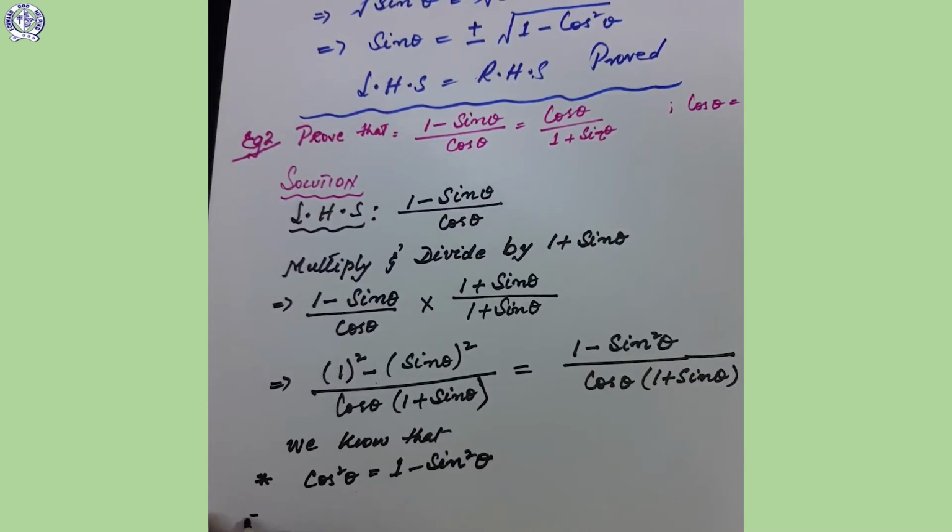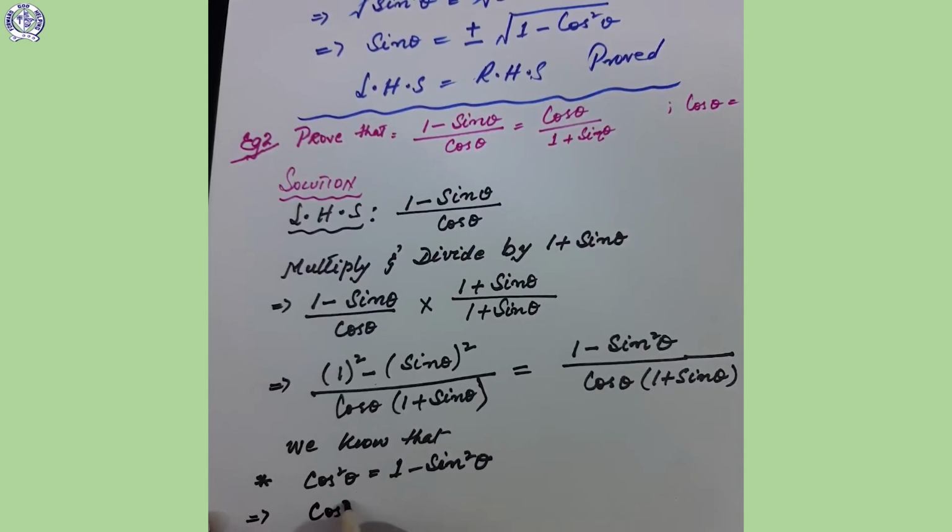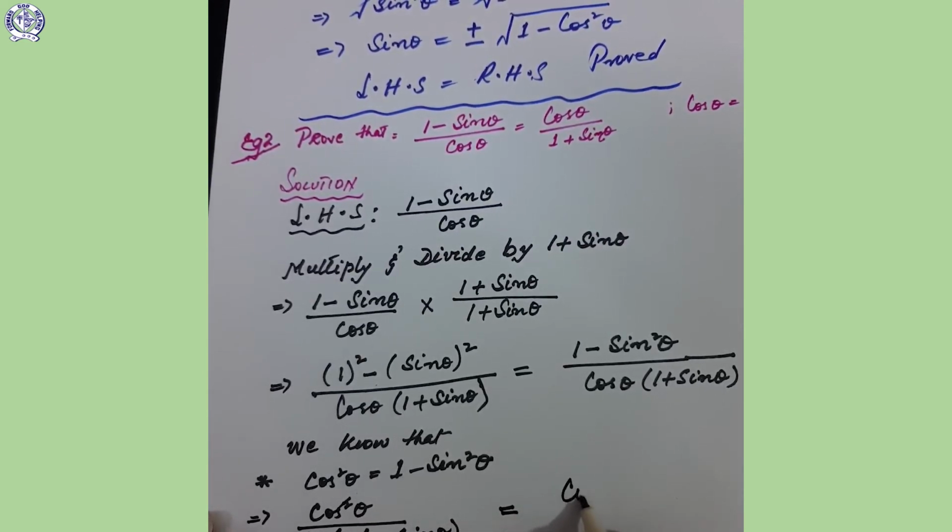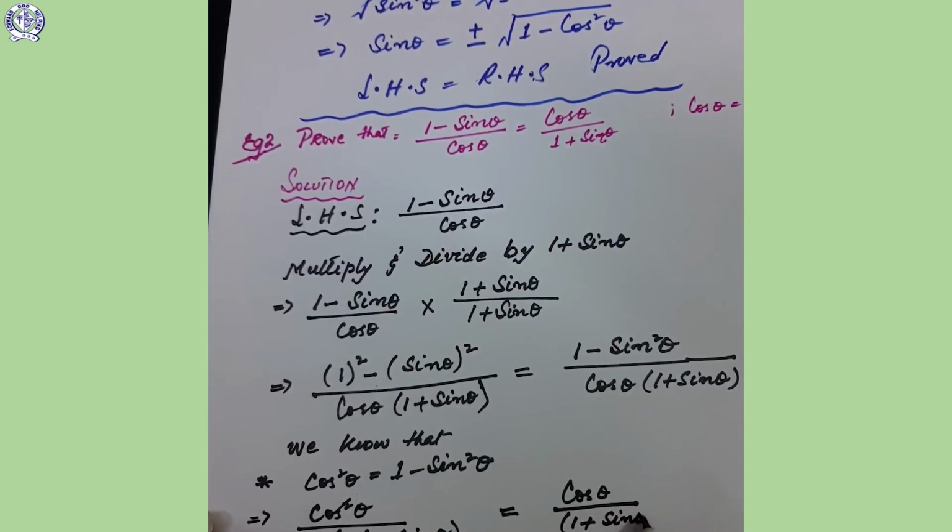So cos square theta divided by cos theta into 1 plus sine theta. Now one cos will get cancelled, so the remaining is cos theta divided by the bracket 1 plus sine theta.